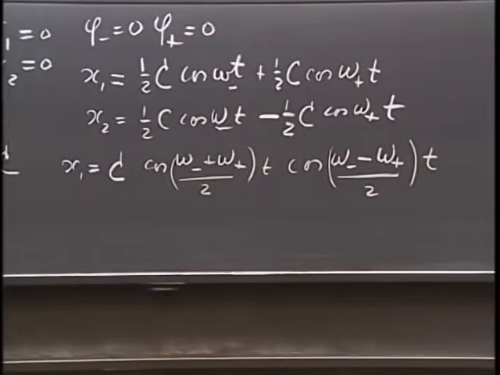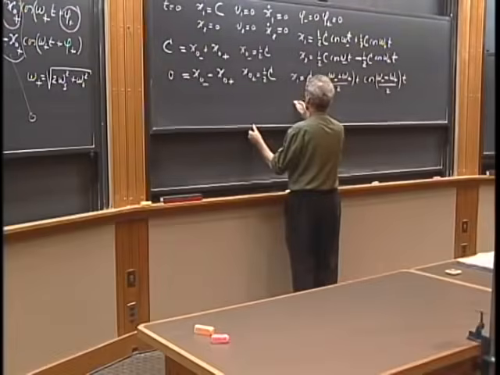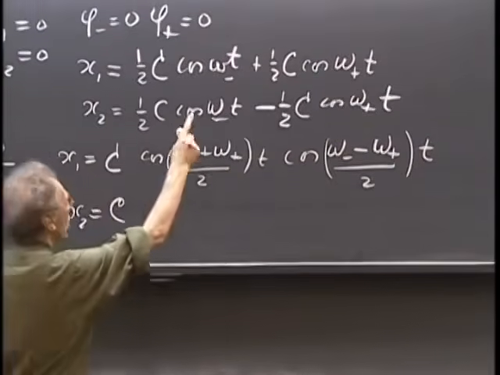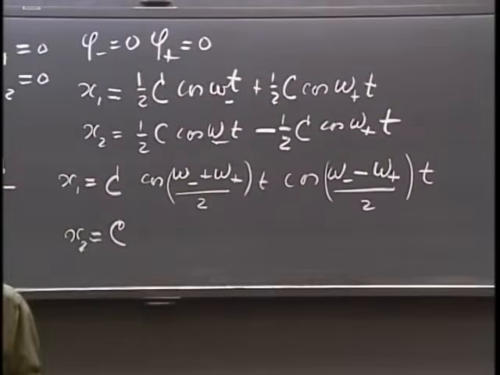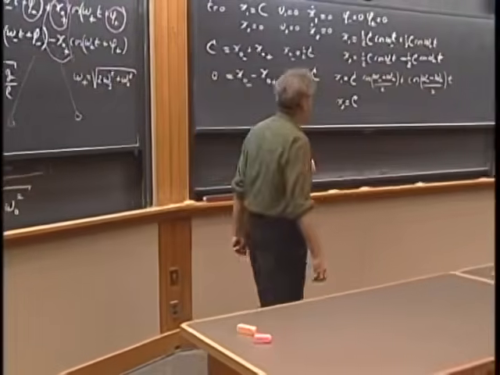I've just rewritten it in a different form. And x2 as a function of time. I now have the cosine of alpha minus the cosine of beta. That is twice the sine of half the sum times the sine of half the difference.